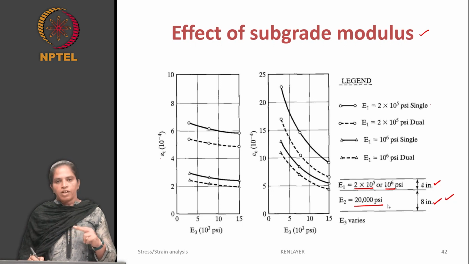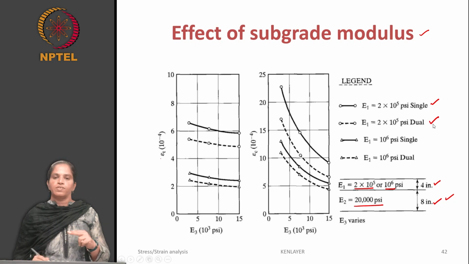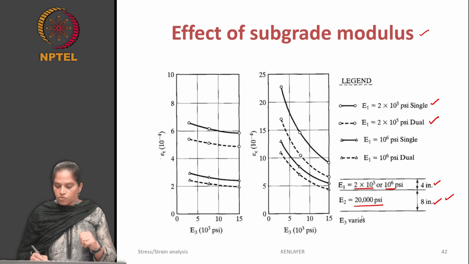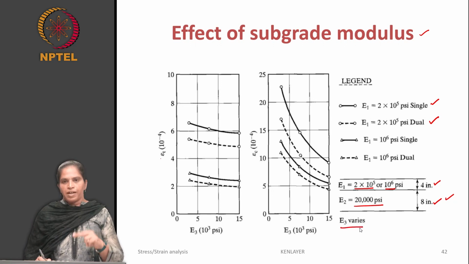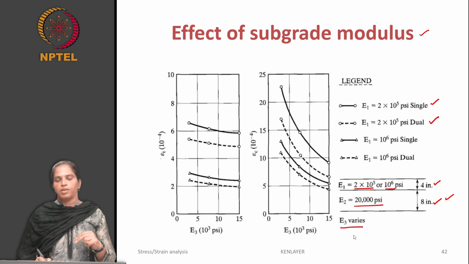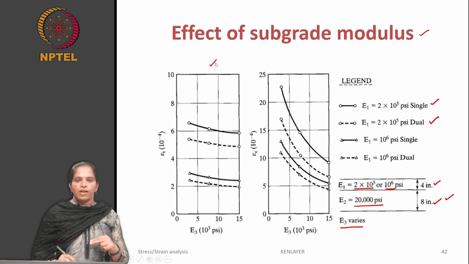Also, the analysis was run for 2 different loading conditions: one with a single wheel and the second with a dual wheel. So, with this structure, the modulus of the subgrade layer is varied and epsilon T and epsilon C were determined for different cases.